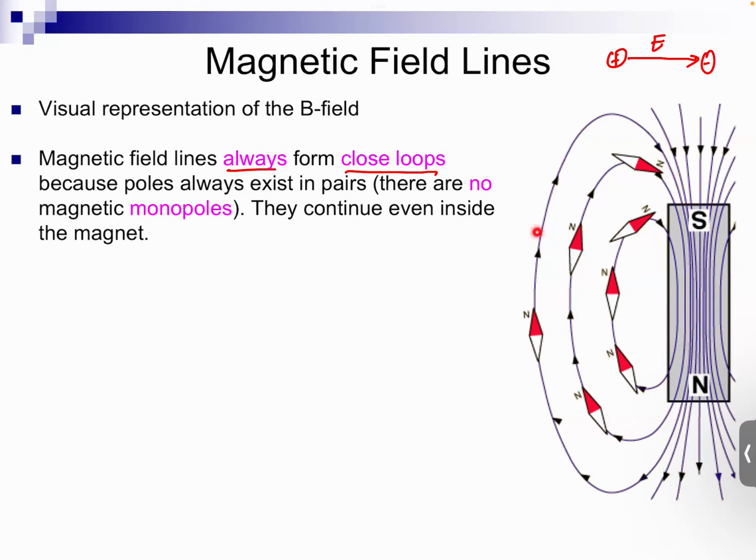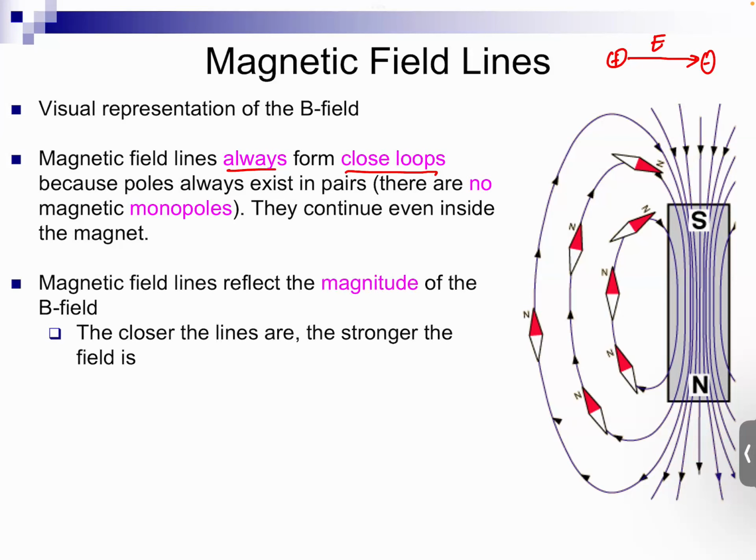That's a consequence of poles existing in pairs all the time. You always have a north pole and a south pole. The magnetic field lines also tell you how strong the magnetic field is: the denser the magnetic field lines are, the stronger the magnetic field in that area is.